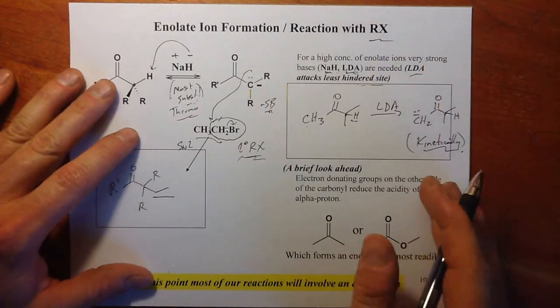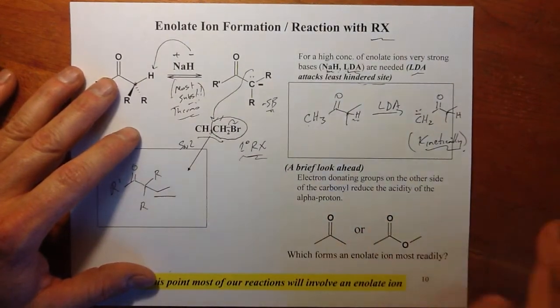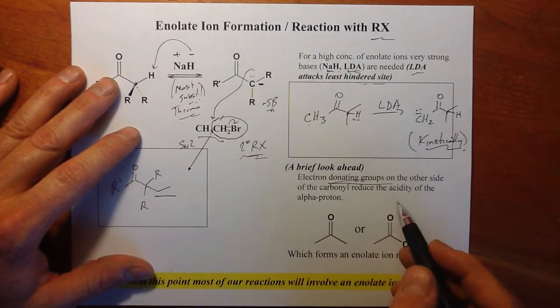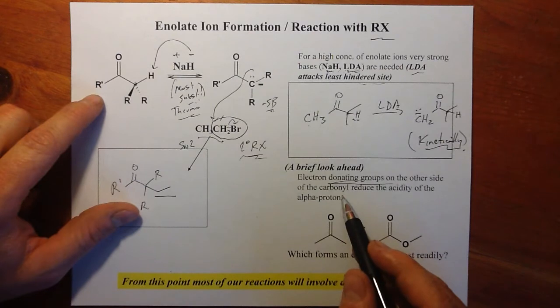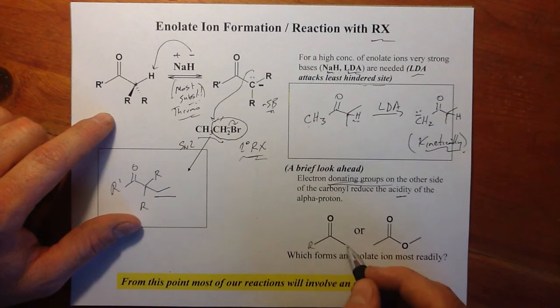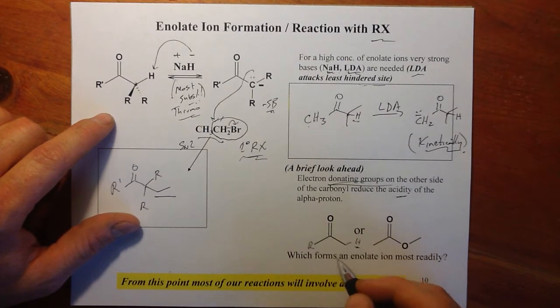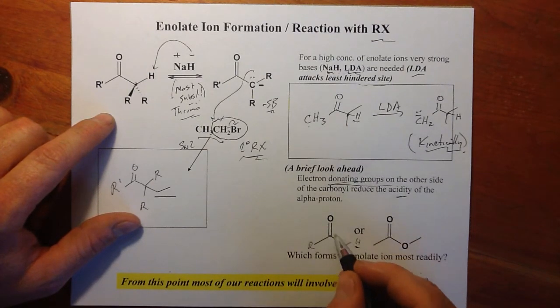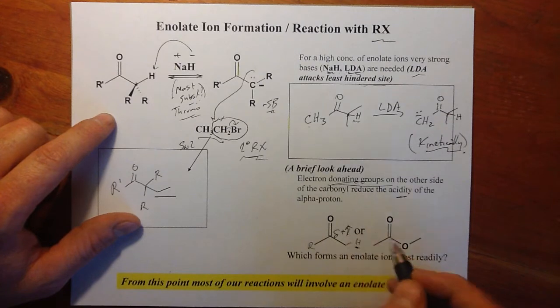Okay, just to close here, before we go to two practice problems, electron donating groups on the other side of the carbonyl reduce the acidity of the alpha protons. So having an R group here really doesn't reduce the acidity much because the partial positive charge here is greater.